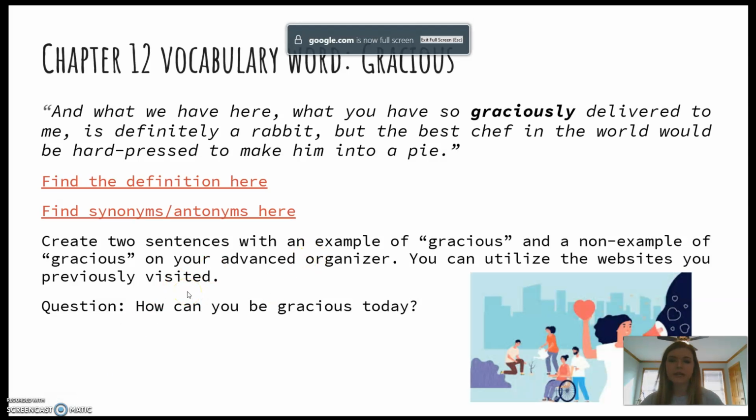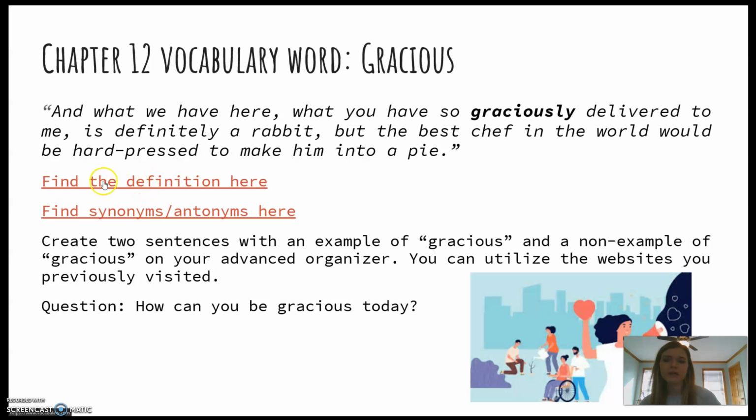And then our next vocabulary word from chapter 12 is gracious. We see this in the book when the narrator says, "And what we have here, what you have so graciously delivered to me, is definitely a rabbit. But the best chef in the world would be hard-pressed to make him into a pie." And once again, you'll just click this link to find your definition. You'll search the word gracious and then record your definition in your own words on your graphic organizer.